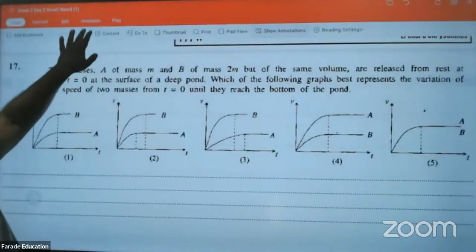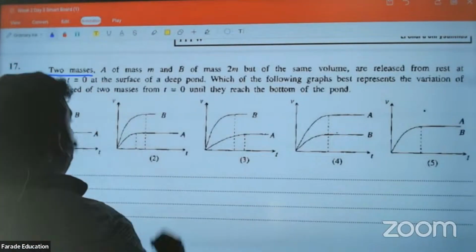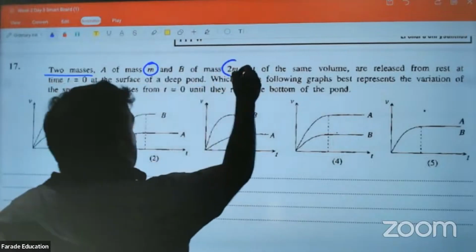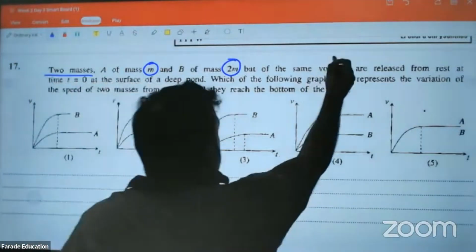Next one. Two masses A and B. One mass is M, the other mass is 2M, but same volume. Same volume means same radius. Because they didn't say spherical, you can't apply the Stokes equation for a sphere, but in your A-level exam, they would give the word sphere. So, same volume means same radius.